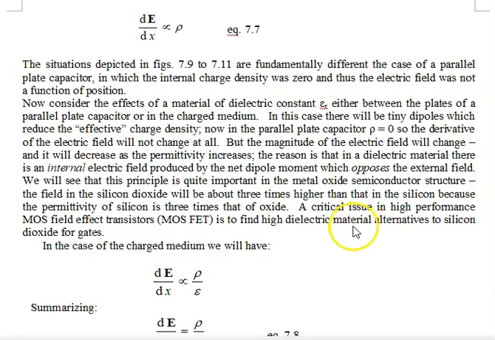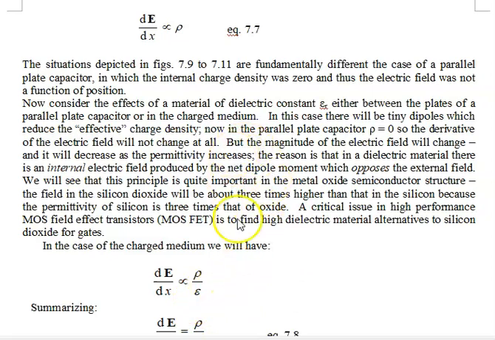Okay, so now let's consider the effect of the permittivity. Remember, the permittivity is the ease with which charge can be separated. So if we have a dielectric, for example, silicon or glass or anything where we can have a negative charge being separated from a positive charge, we have a relative permittivity which is greater than 1.